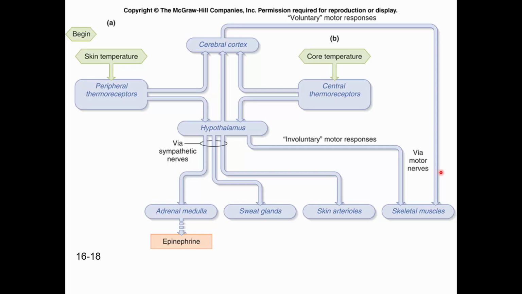Please note that when somebody is under anesthesia, they can't do voluntary things to respond to temperature situations. They also will not be able to shiver. Now, if someone's operating on you, you don't want to be moving around and shivering.